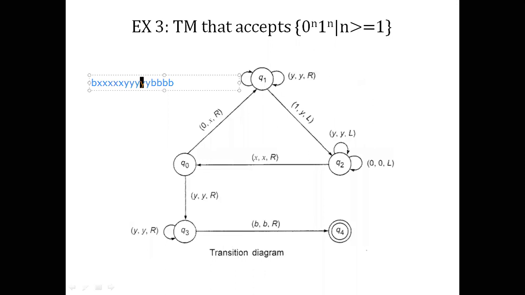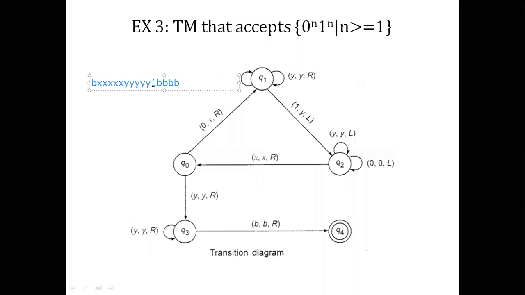Once this is over completely, when I'm going back in search of 0, I won't find any 0. And if I don't find any zeros, I'll find all X's here. Then I'll come back and see if there is any 1 which is remaining here. If I find any extra 1 here, that means the number of zeros and ones were not matching.